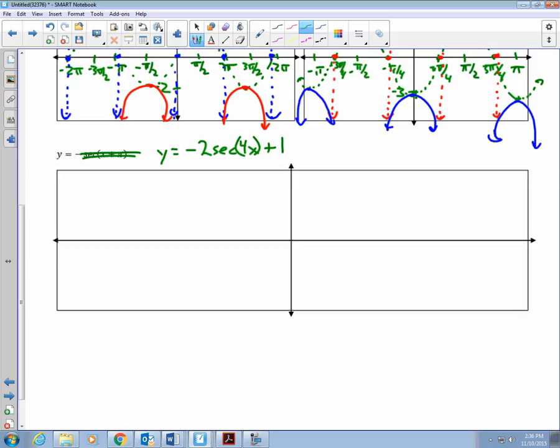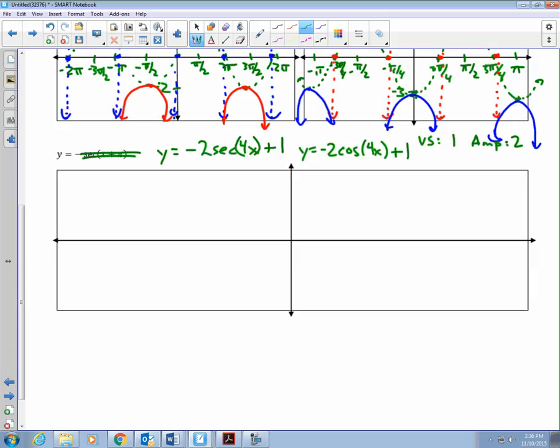So, first of all, instead of graphing secant, what do we graph? -2 cosine of 4x plus 1. That's what we want to graph. Once we sketch that graph, we'll be able to make our graph. So I start with the vertical shift. What's the vertical shift? 1. What's the amplitude? 2.